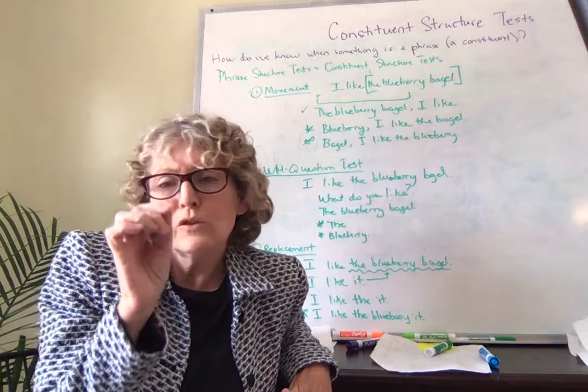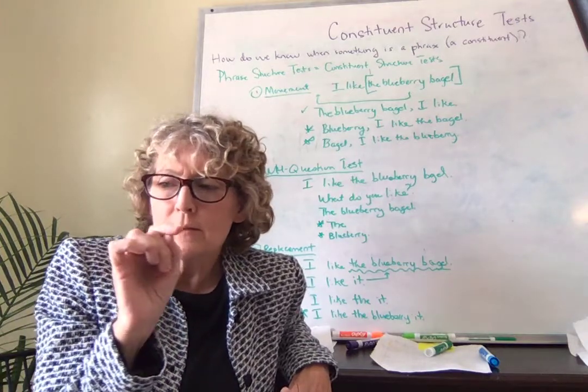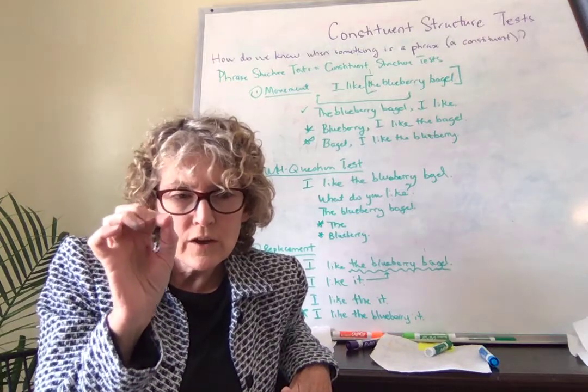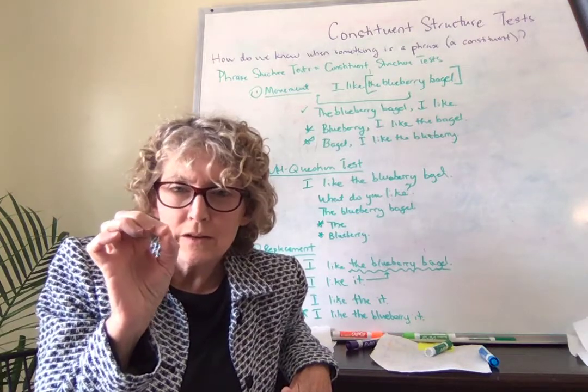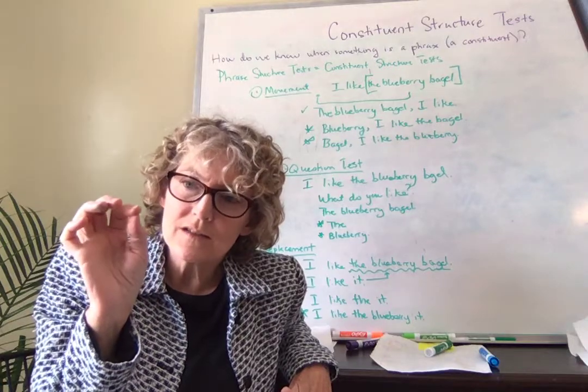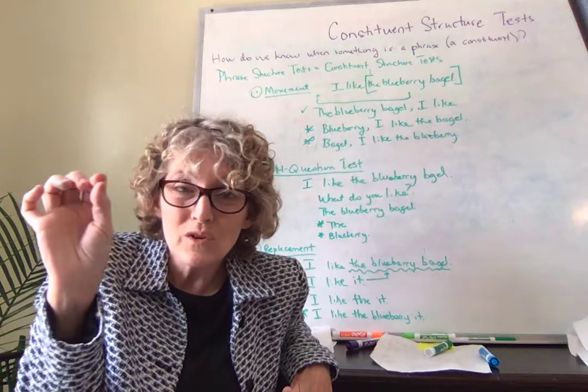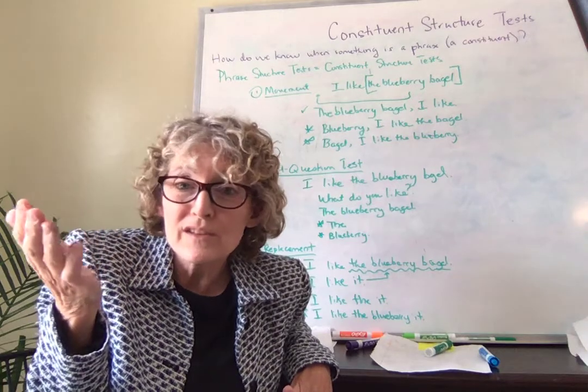So in other words, you want to be really, really careful, and this is something that is true of linguistics in general. You want to be very, very careful and very detailed in doing your analyses, because sometimes having one word missing or having one word there can make all the difference in the world.